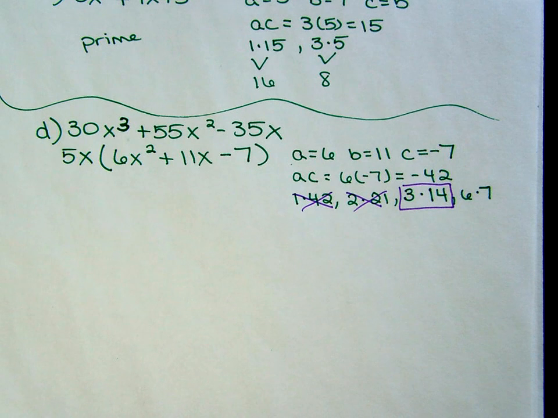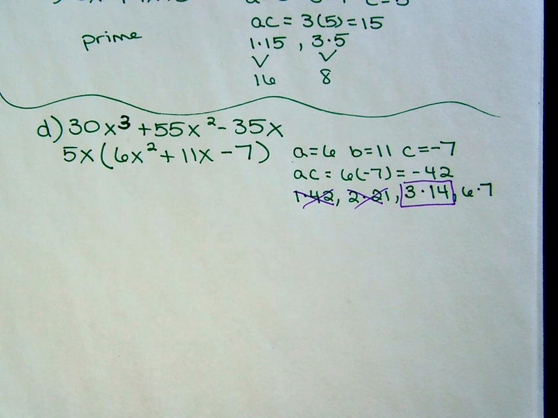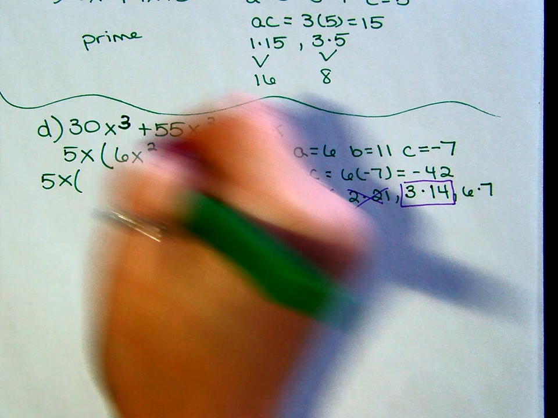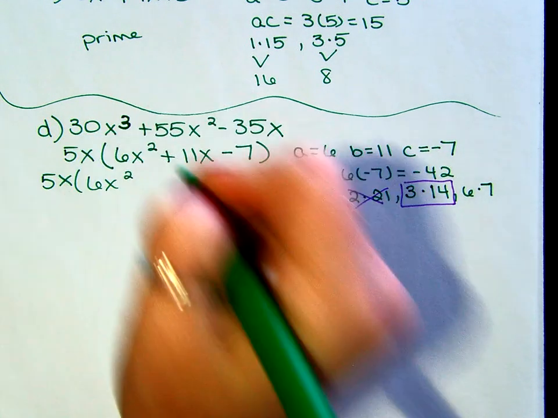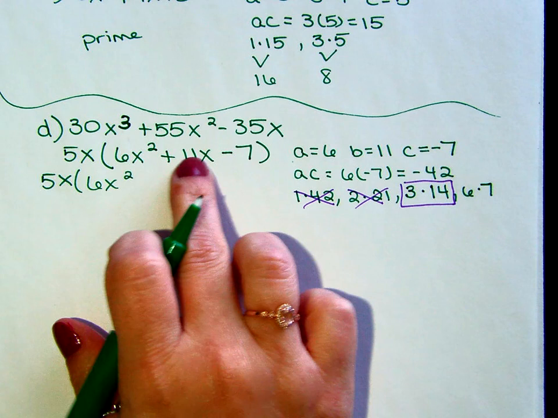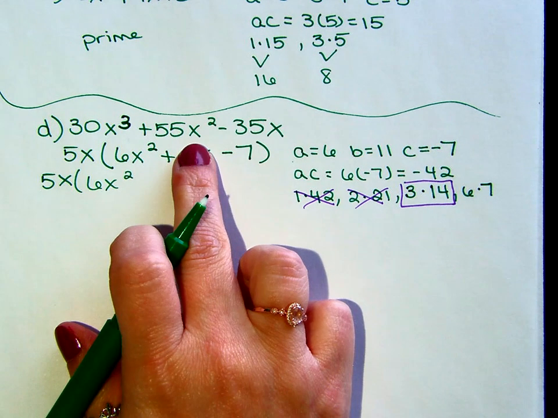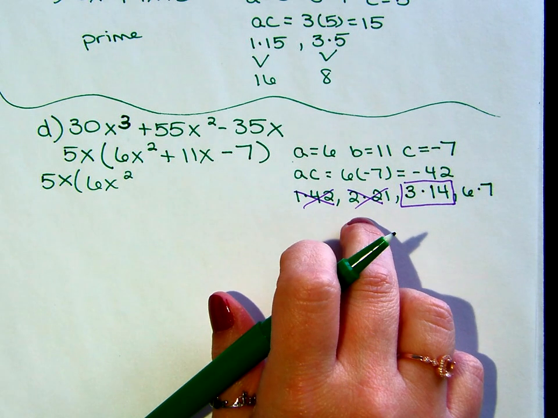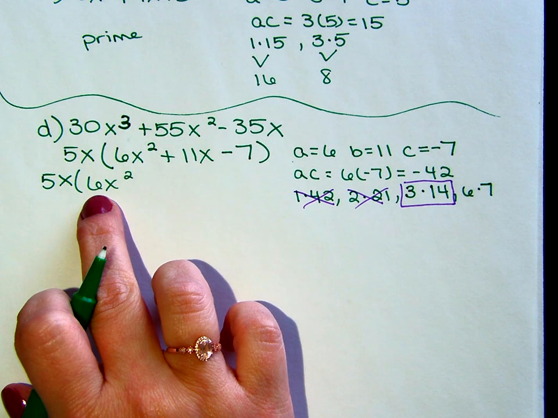So again, my 5x is just hanging out here. Then I have my 6x squared, and now I'm going to write my 3 and my 14x to split up my 11x. My 11x is positive, so I need my 14 to be positive and my 3 to be negative. Since my first term is 6, I'm going to put my 3 with it.